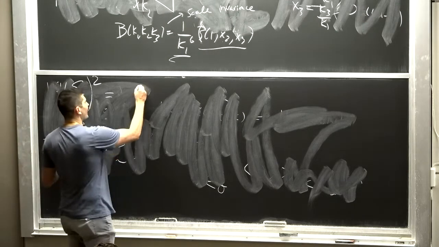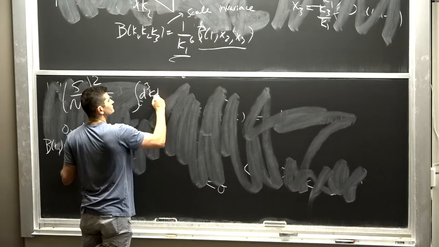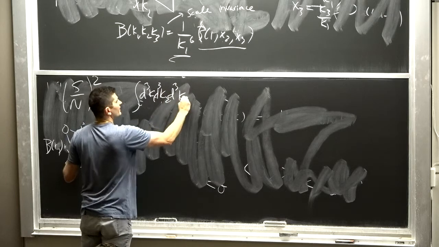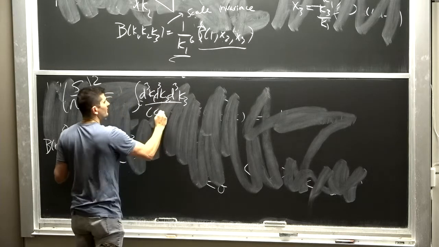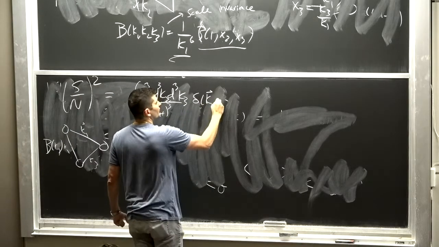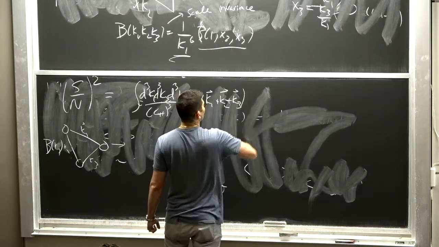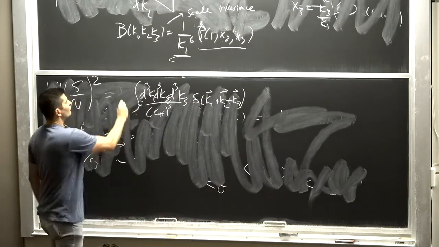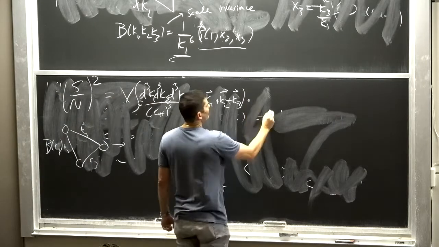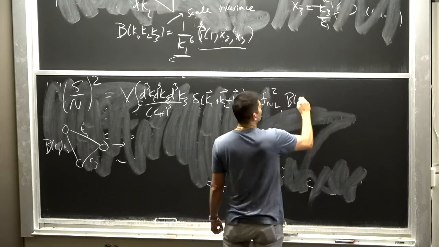So said differently, I integrate over all possible triangles. So all possible triangles is the 3 momenta. And I'll put the overall delta function here. So this measure is what tells me that I'm just summing over triangles. There's an overall volume of the survey here I'll come back to in a second. And then I have F and L squared, bispectrum squared.